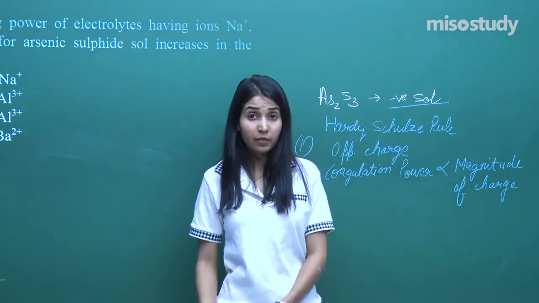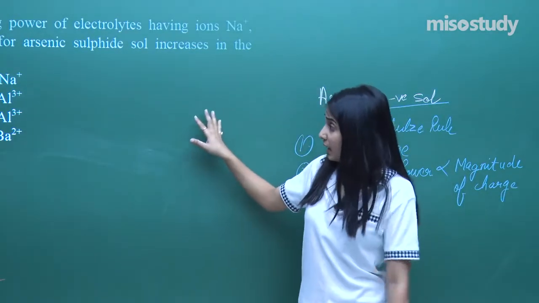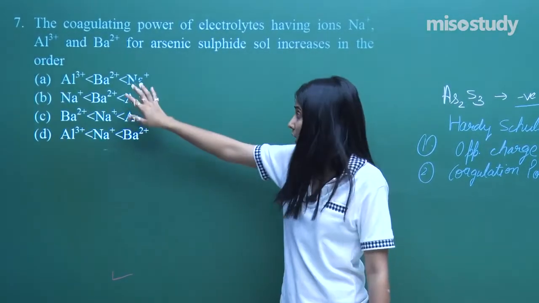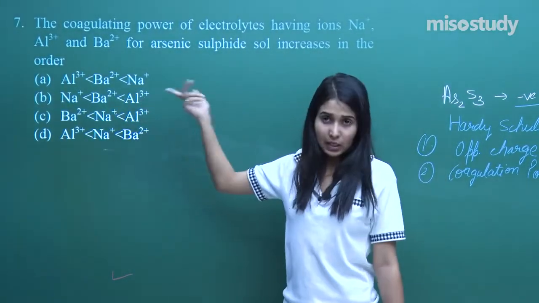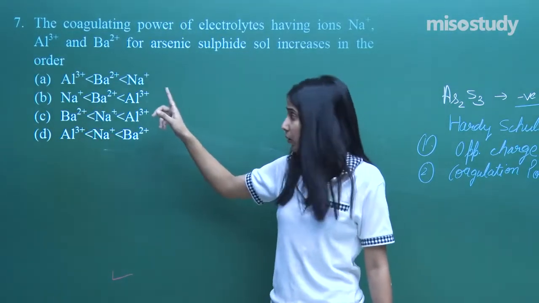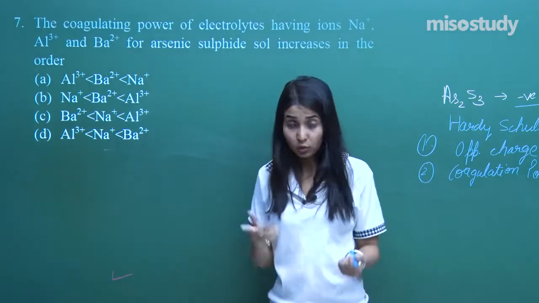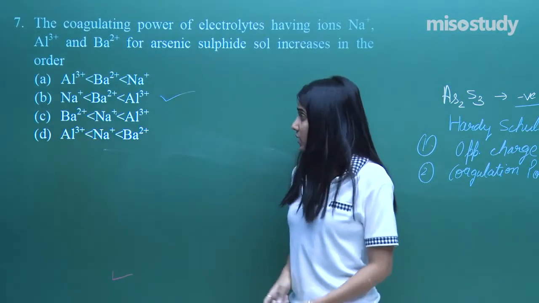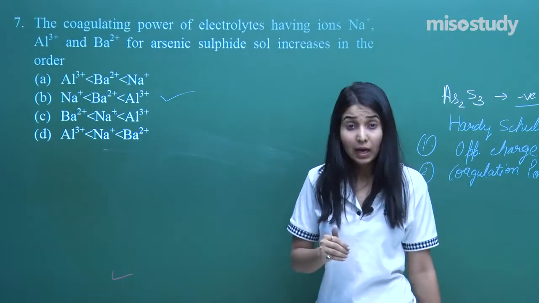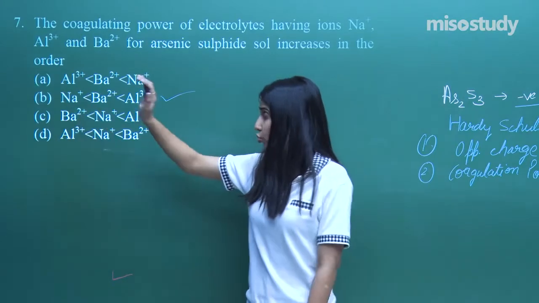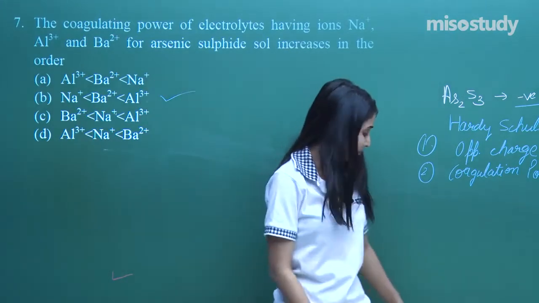And what do I see? Where do I have the maximum magnitude? That would be 3. The 1 would be the minimum, 3 would be the maximum and 2 would lie in the middle. Do I have such an option? Well, of course, yes. Option B, where the coagulation power increases as it goes from Na plus to barium to aluminium.